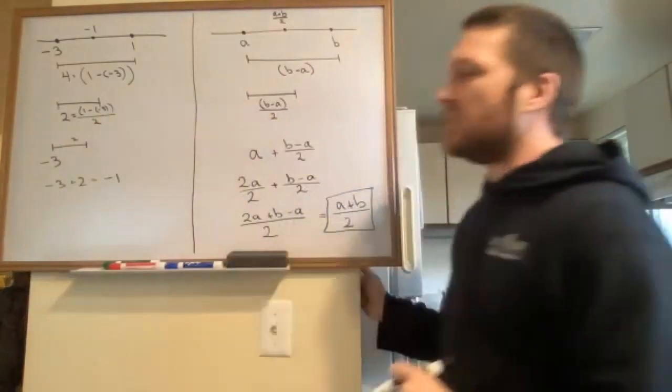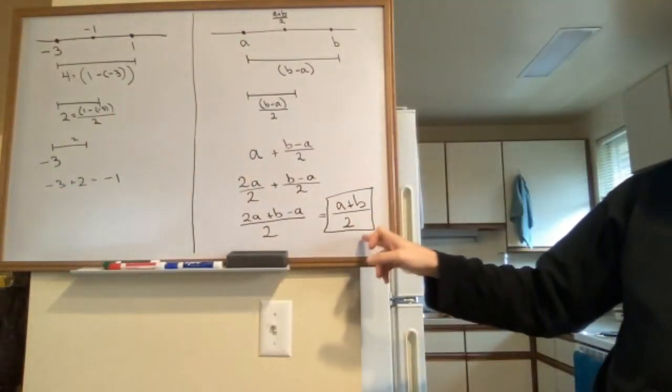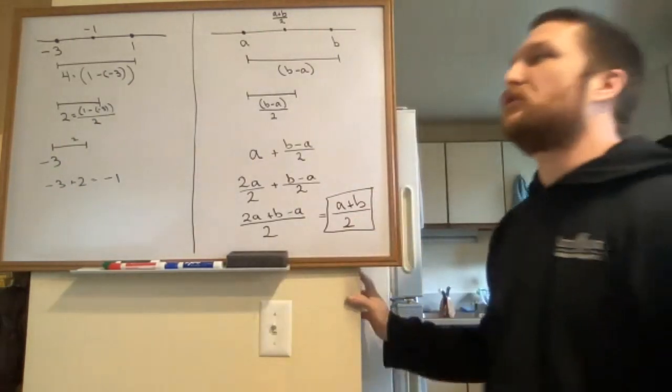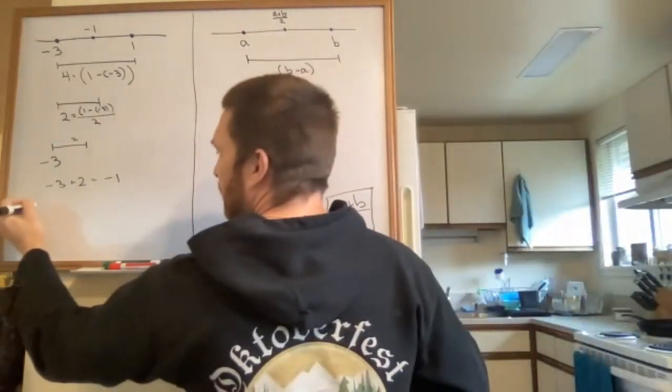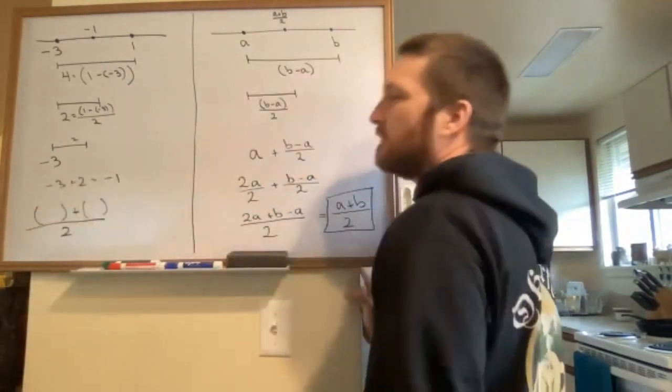-1. Now let's do it the other way, because all this is this formula in disguise. Let's just take the average of those two numbers. It's going to look like that.